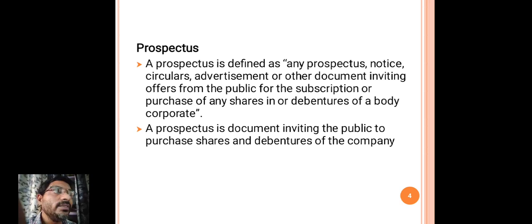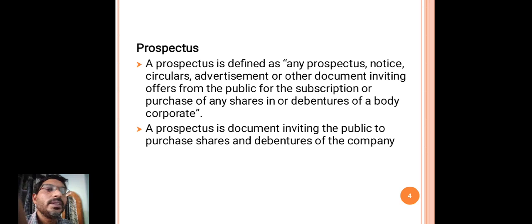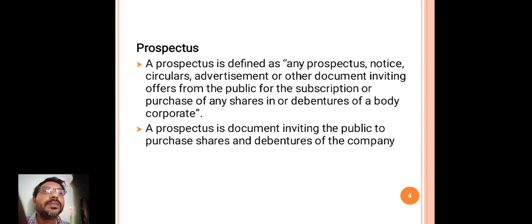A prospectus is a brochure, or a document, or an invitation to the general public, offering to purchase shares and debentures of the company.